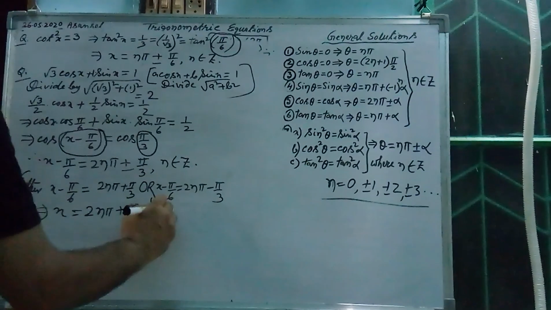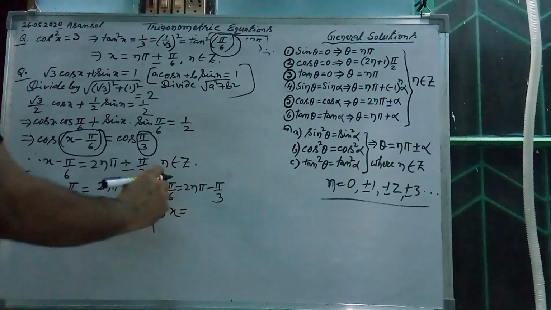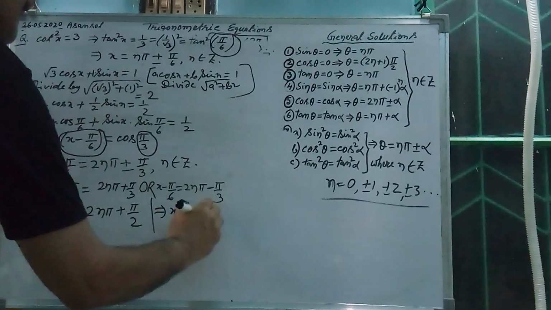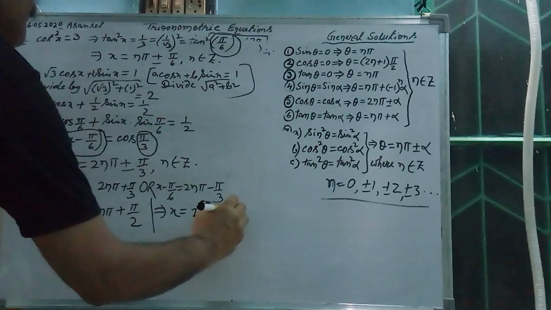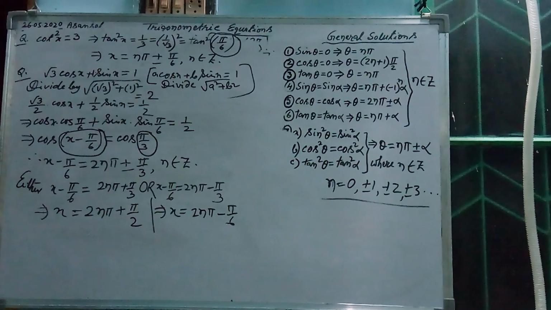And here x is equal to 2n pi minus pi by 3 plus pi by 6, we'll get minus pi by 6.